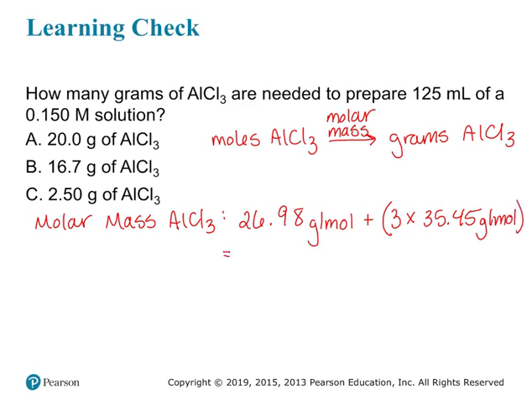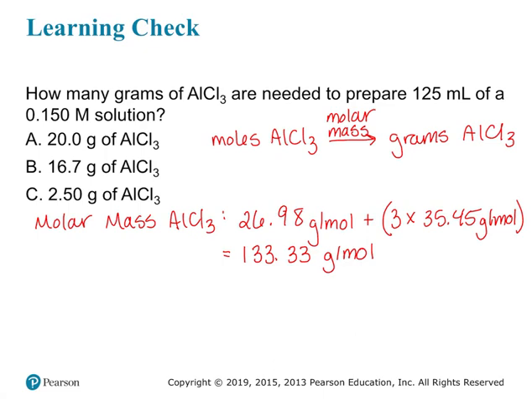So I'm going to plug that into my calculator. 26.98 plus parentheses 3 times 35.45. I get 133.33 grams per mole. Awesome.